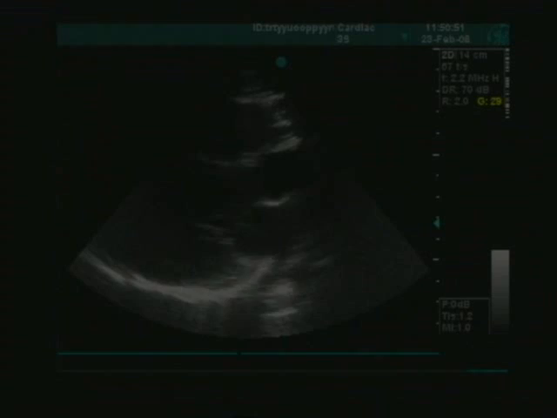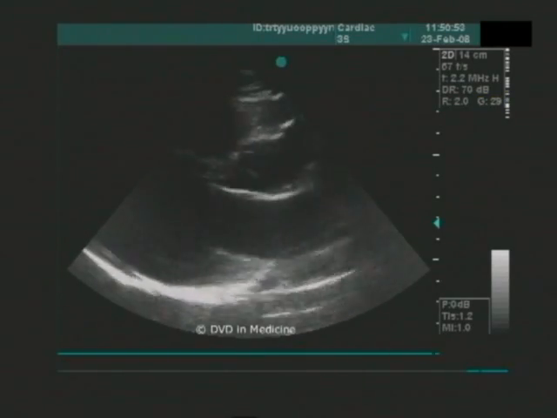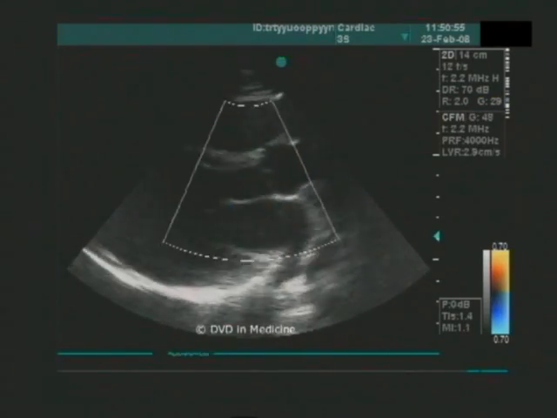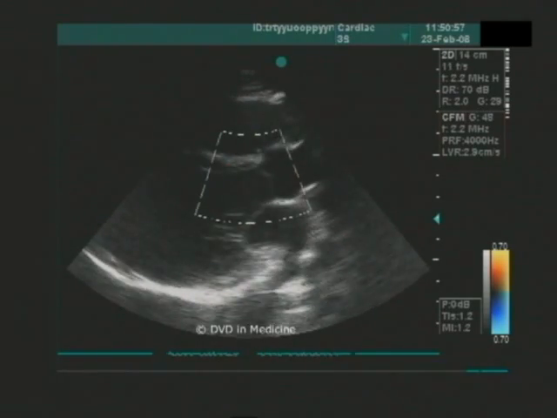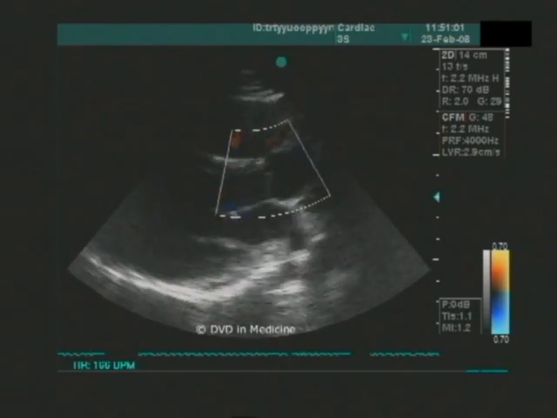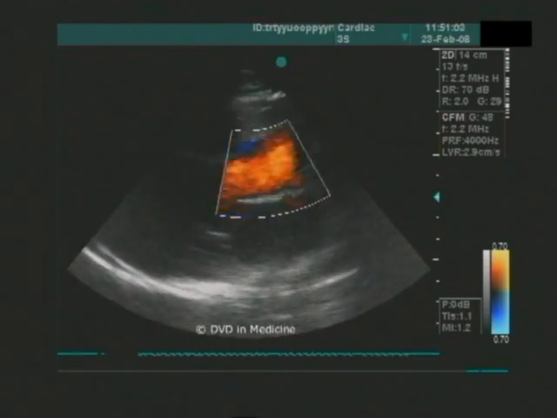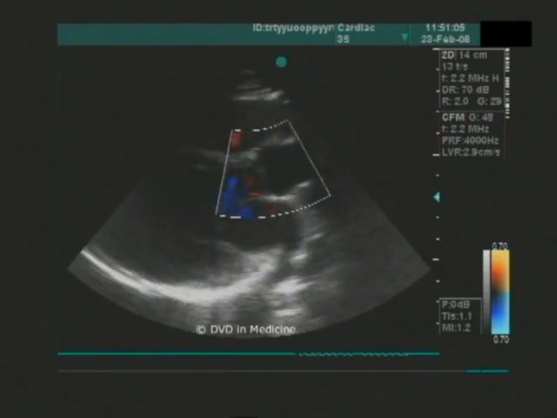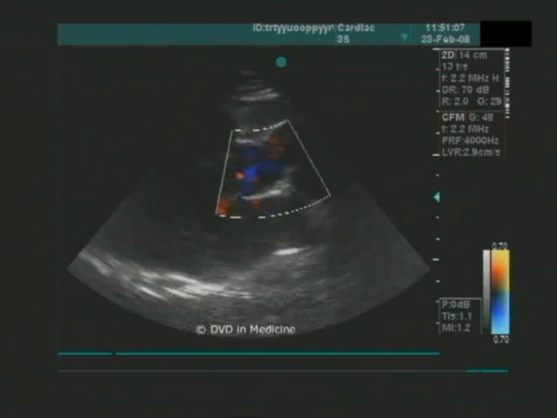Color box. The color box size should be optimal. Large color boxes take more processing power and time, so one loses the quality of the color image. In this clip, we demonstrate the optimal color box size for aortic valve investigation.